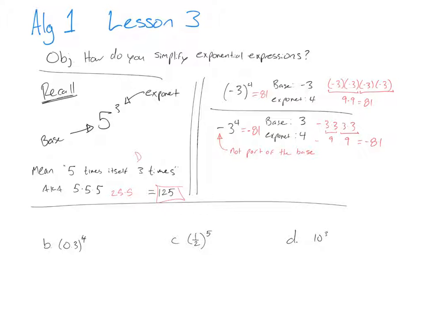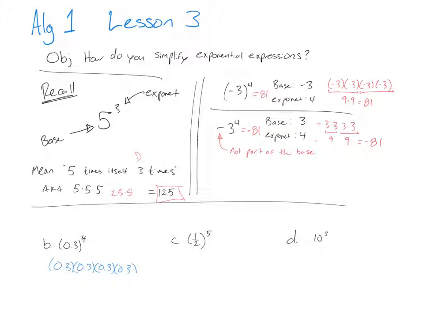Coming down here to some examples. This one here, B, would be 0.3 times 0.3 times 0.3 times 0.3.